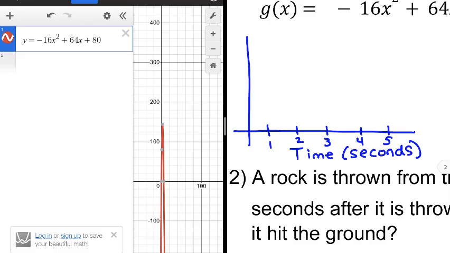And then what was the y-axis? What was the highest that it went? 144. So we need to go to, I guess, 144. But what if we go by tens? We'll actually make it to 150. So let's do that. 10, 20, 30, 40, 50, 60.